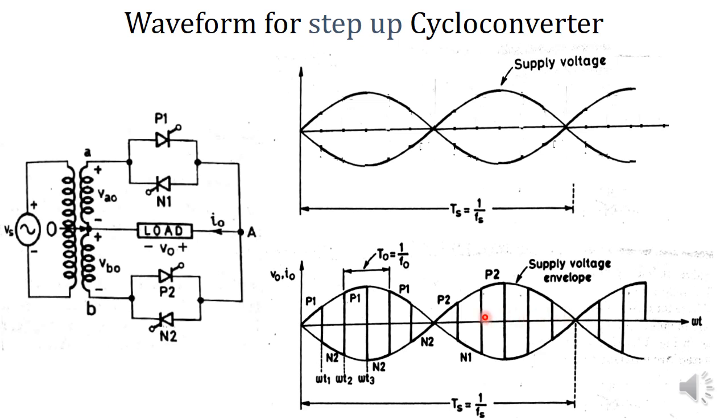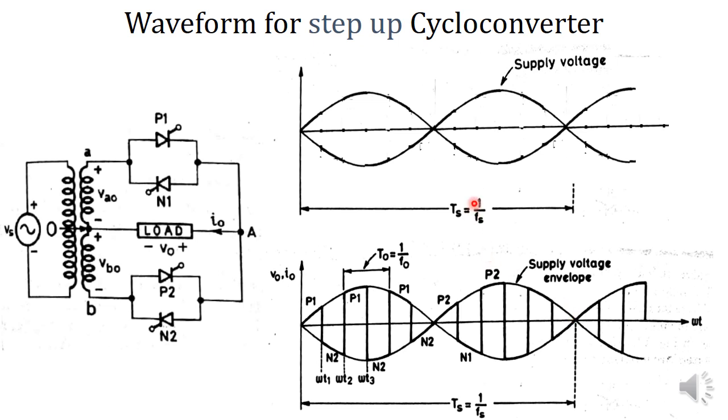That means during the positive and negative half cycle of the source voltage, we have 1, 2, 3, 4, 5 and 6 pulses or 6 cycles of the output waveform.